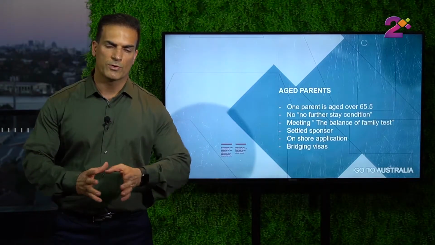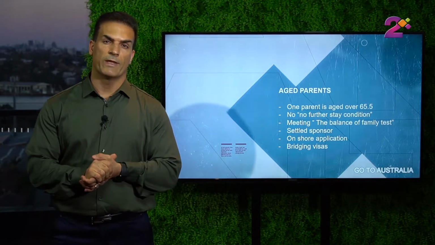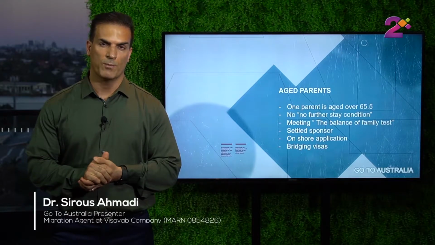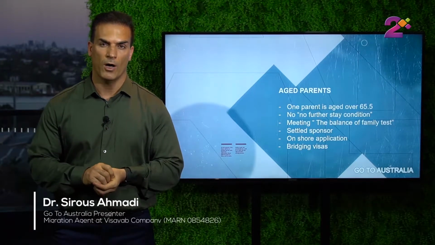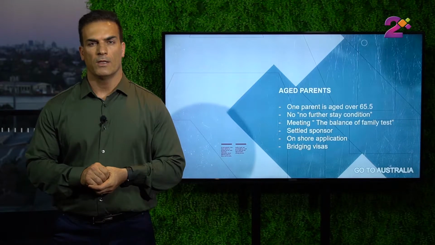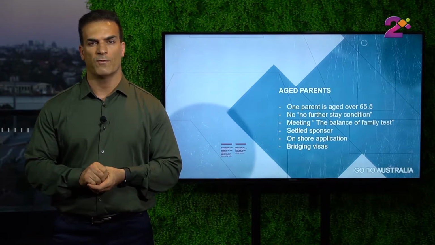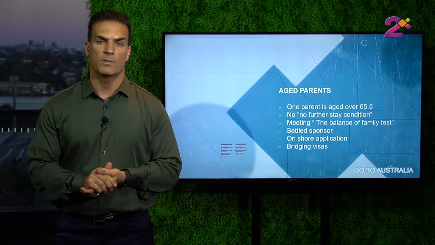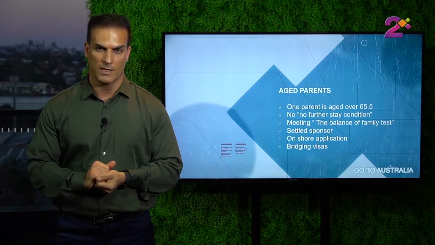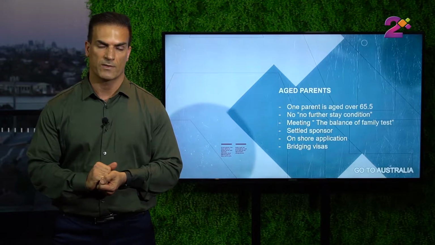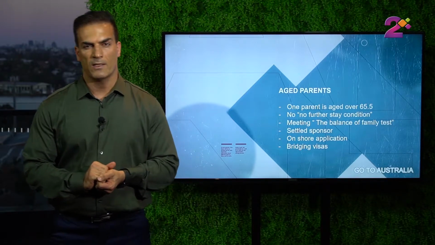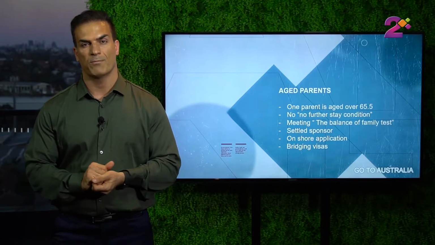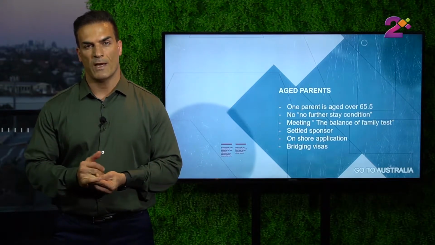I want to talk to you also about some visas called aged parent visas. These are visas for parents where at least one of your parents is over age 65.5, or let's say 66 years old, they can be considered as aged parents. When they are aged parents, if they are onshore, in Australia, they can apply for aged parent visas.